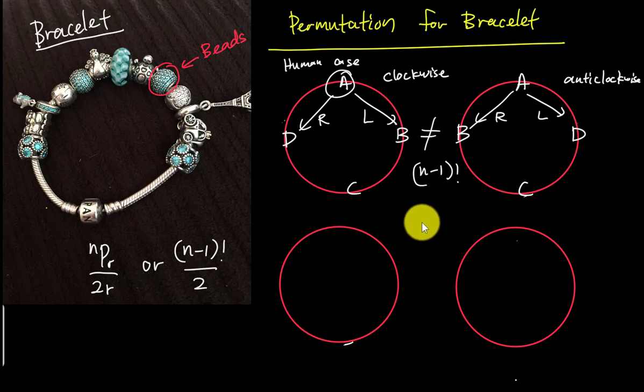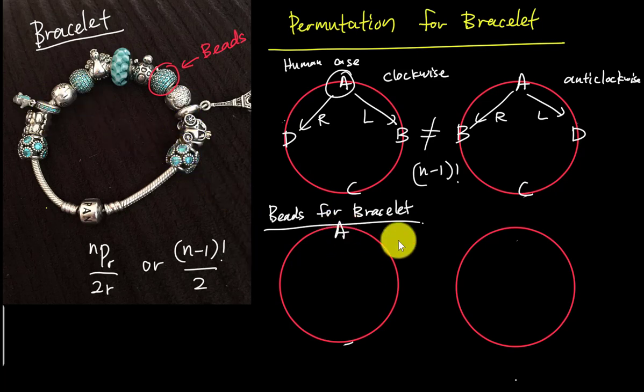But if there's a condition where clockwise or anti-clockwise both give us the same result, then we need to divide by 2. So in this condition, where we have the bracelet, like let's say A, B, C, D is no longer human, I will say it's a bead for a bracelet. Let's say A, B, C, D are just different designs of beads here.